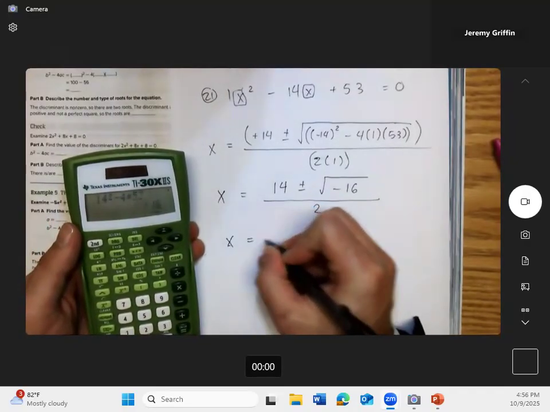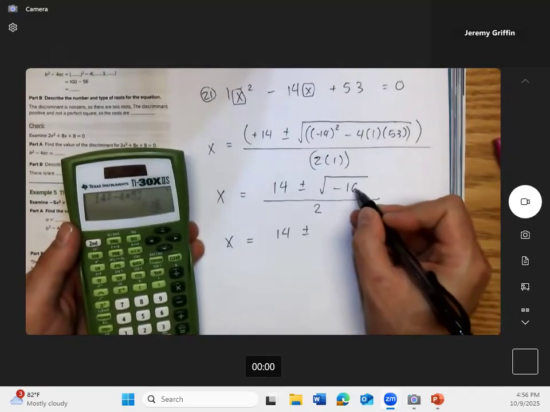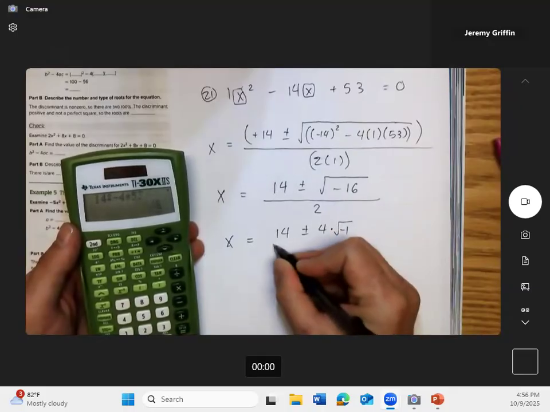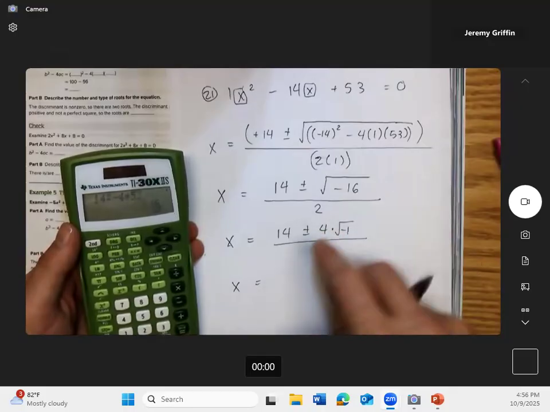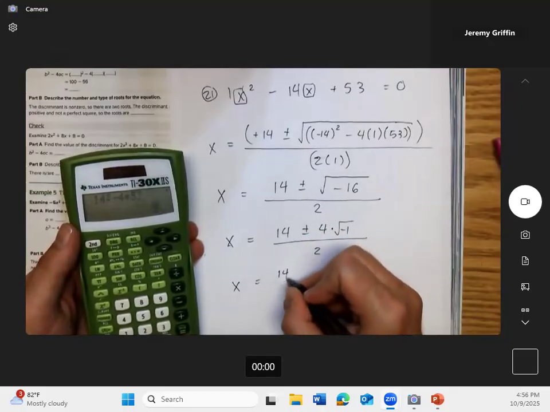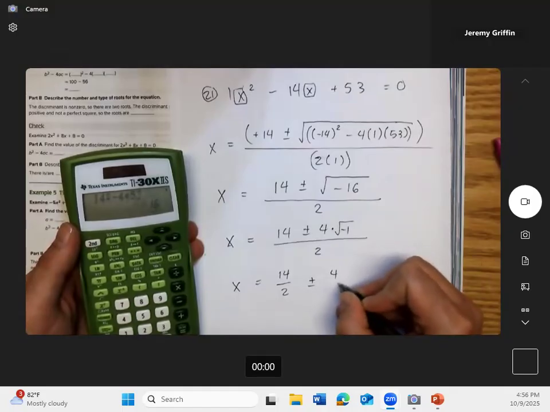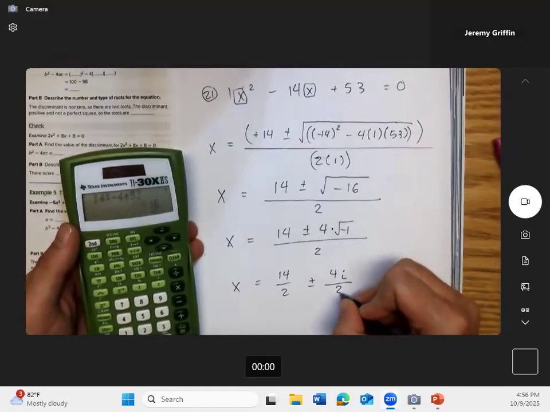So x could be 14 plus or minus. Now here I can say the square root of 16 is 4. That's okay, but I still have the square root of negative 1. Okay, this is all divided by 2. So now I could split this up into two fractions. I'm really doing overkill here, but it looks like this. Plus or minus 4. Here, I'll make this square root of negative 1 i, because I had to do that at some point.